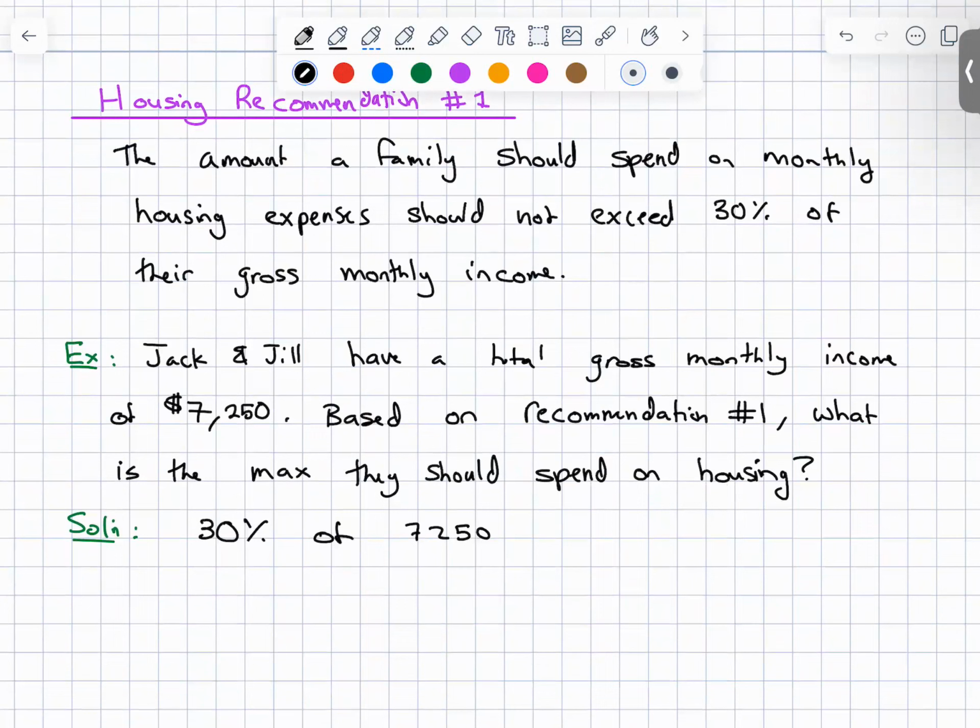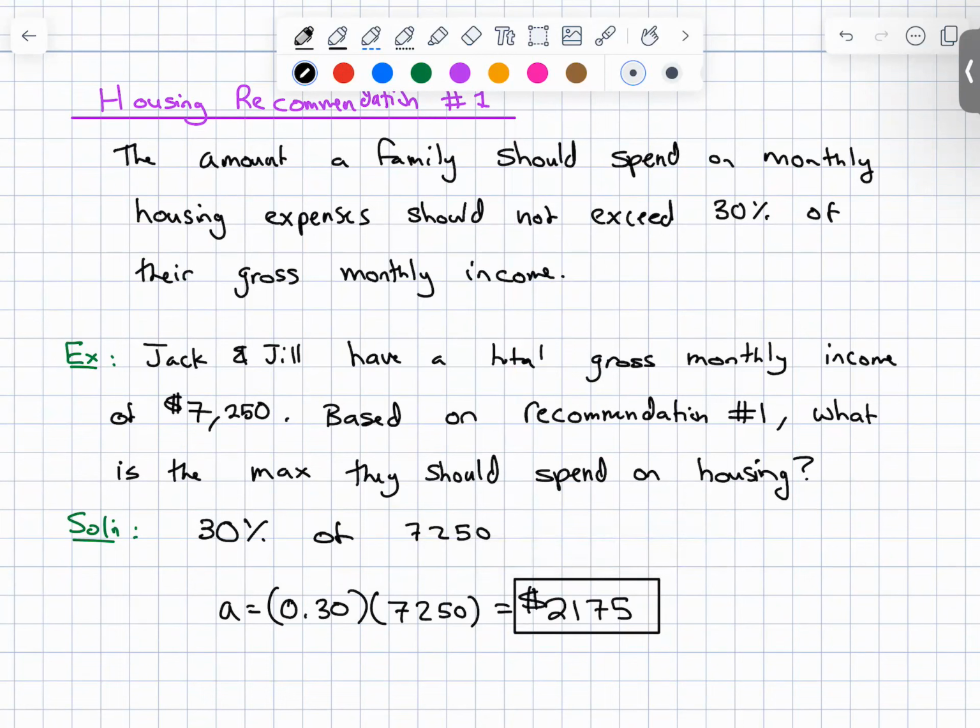So A is equal to 0.30 times B, 7,250, which ends up being $2,175. So they should spend no more than that.